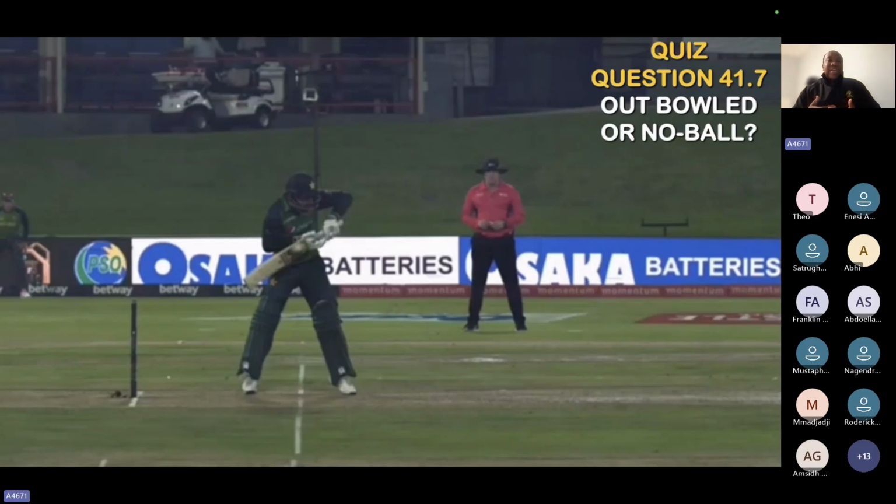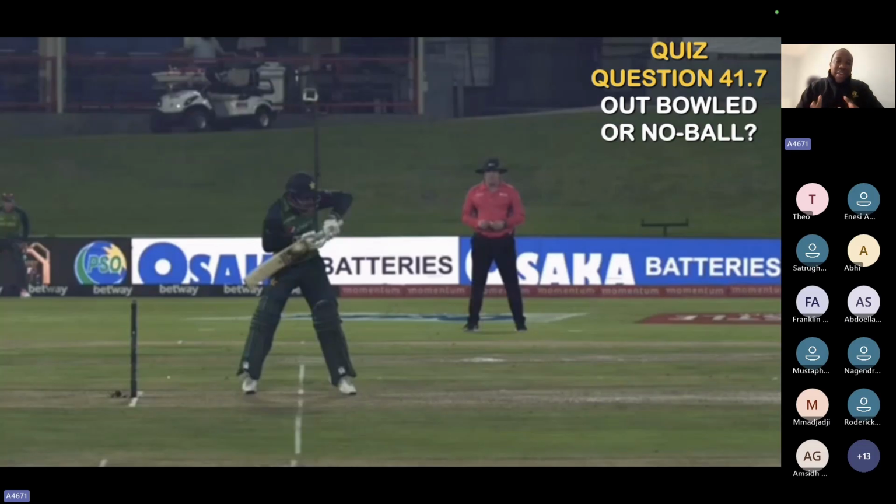If a delivery is above waist height when it reaches the popping crease, with the striker standing upright at the crease, then we should obviously call and signal no ball. And if it is likely to inflict injury on the striker, then we give a first and final warning.